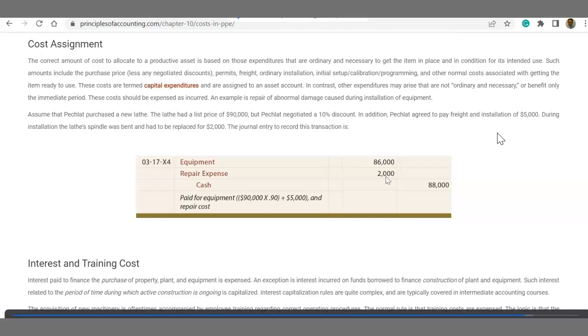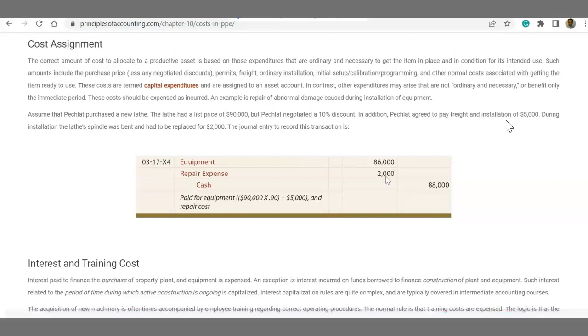If while you are installing it, you break a portion of that equipment because of your carelessness, that's a repair expense. So that's not equipment.